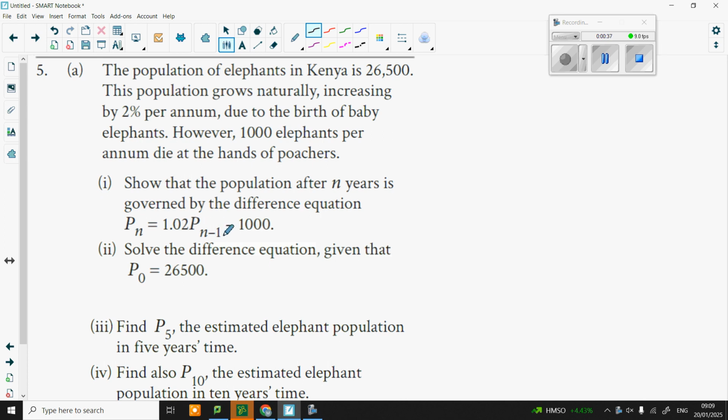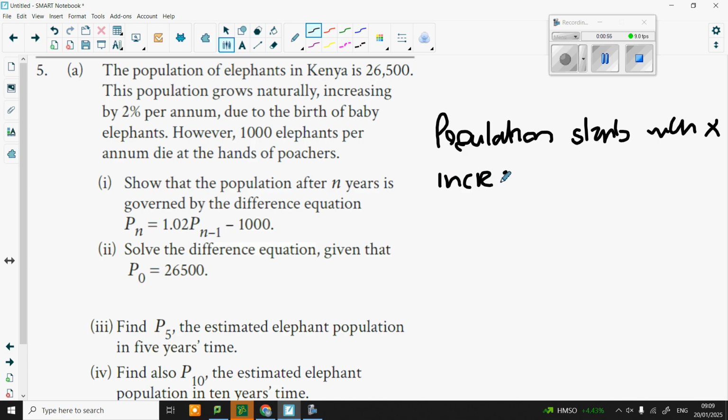P_n = 1.02 P_(n-1) minus 1,000, right? So you can sort of explain your way through this. Well, look, if the population starts with x, increase x by 2%. And what happens when you increase x by 2%? 1.02x.